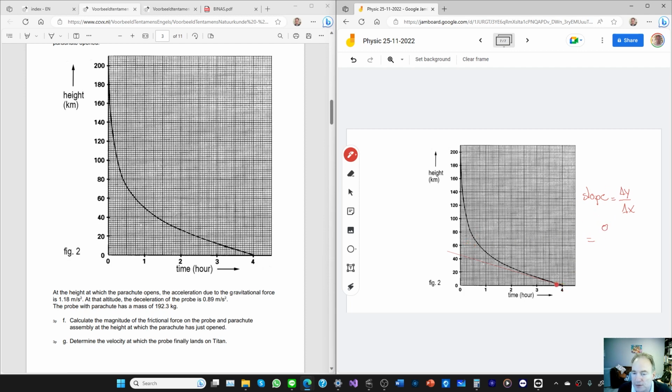Zero, the y here is 0, minus, and here there are 10 subunits for 20, so each minor unit here is actually 2. So here we have 1, 2. So this is 44.